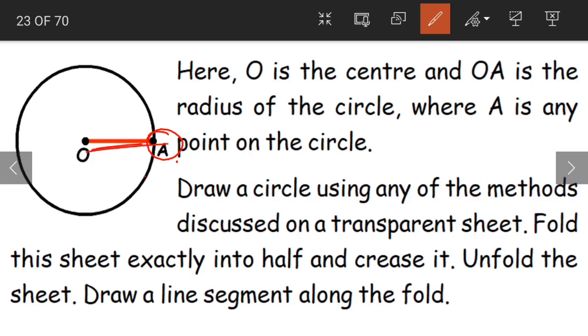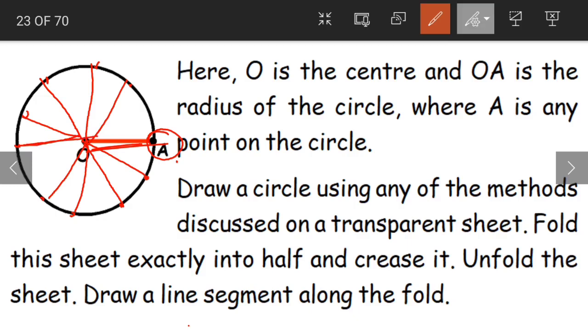Now this is again a fun activity for you to do. Draw any circle, and as I've shown on the circle on the outside, mark many points and join the center of the circle to these points on the circle. What did I say? All these are radius.